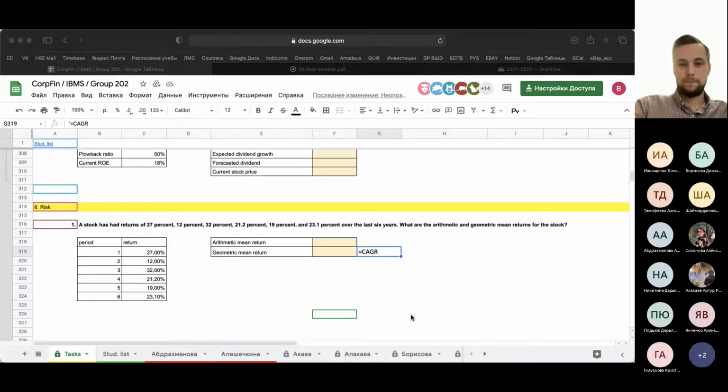Yes, but you say that we use prices for CAGR, yeah, but we actually can say, for example, that in period 1 the price was 1, and then calculate how the price changed during this period, and then calculate CAGR.